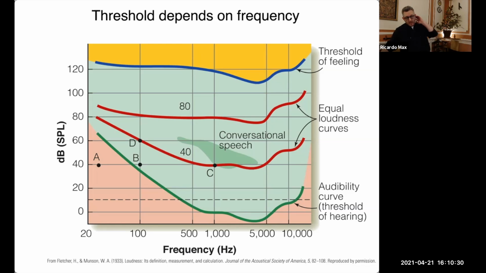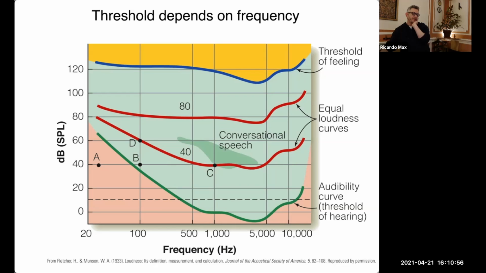we are mostly sensitive to this range between 1,000 and 7,000 hertz. Now, how come we have minus decibels? Anyone?